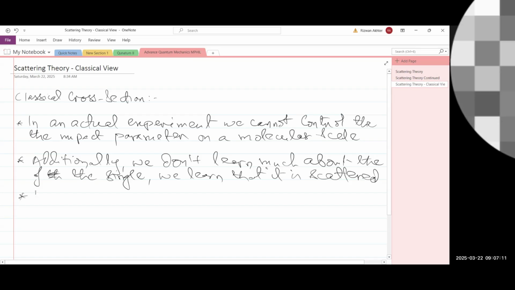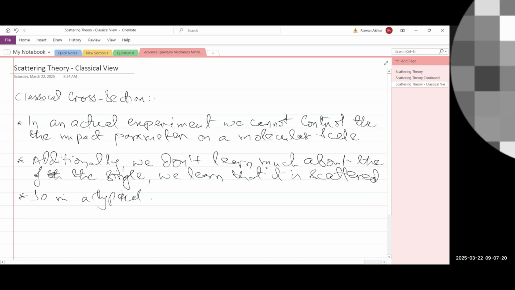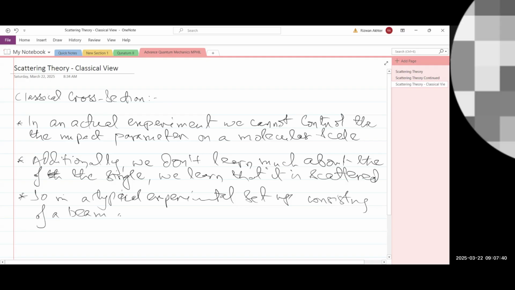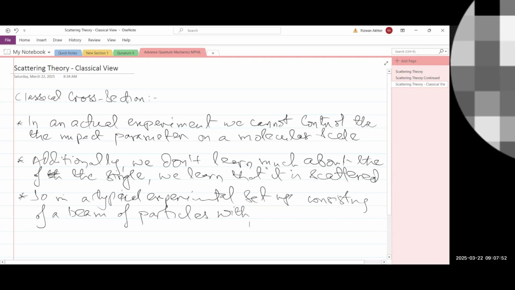So in a typical experimental setup, consisting of a beam of particles, what is known about these particles is the energy, the kinetic energy.